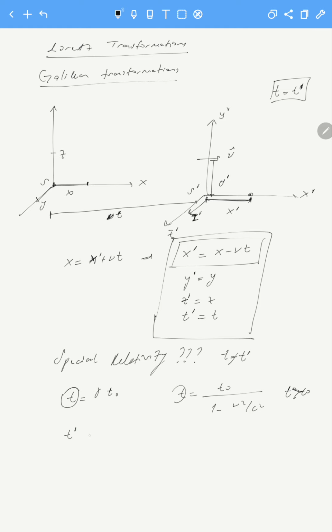So we are going to just write that this way.